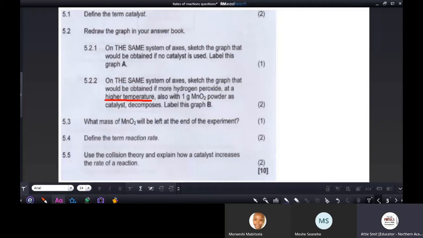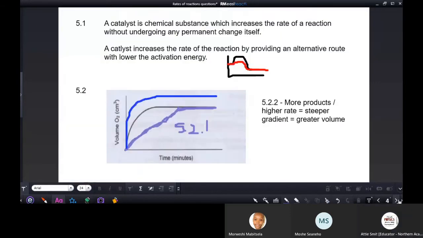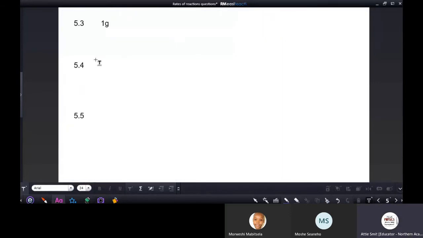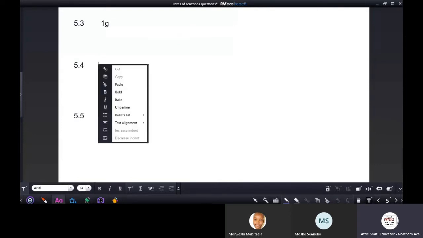Then 5.4, we go to the definition. This definition is very, very important. It's one of those definitions, guys, where I always tell you this definition you will always get. This is the rate of the reaction definition, and it's always the same.